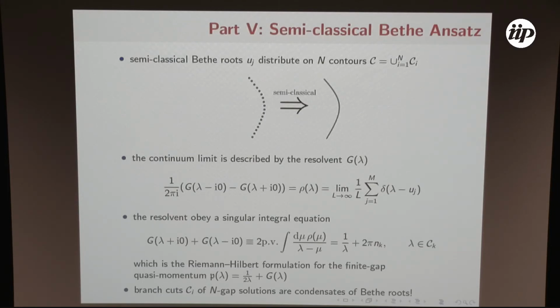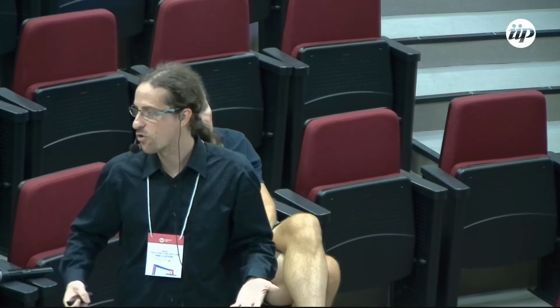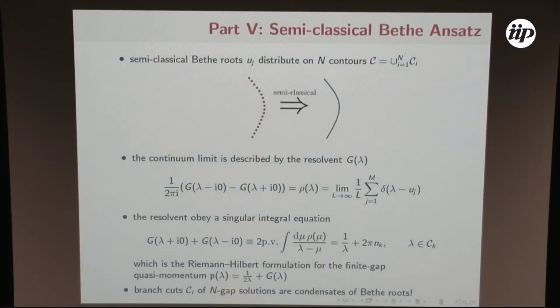So another way to see what I was doing today is to start with a quantum mechanical model and consider the spectrum in this limit, and then it's natural that the equations that we recovered exactly match those equations that were previously found by other authors in the context of the quantum spin chain.